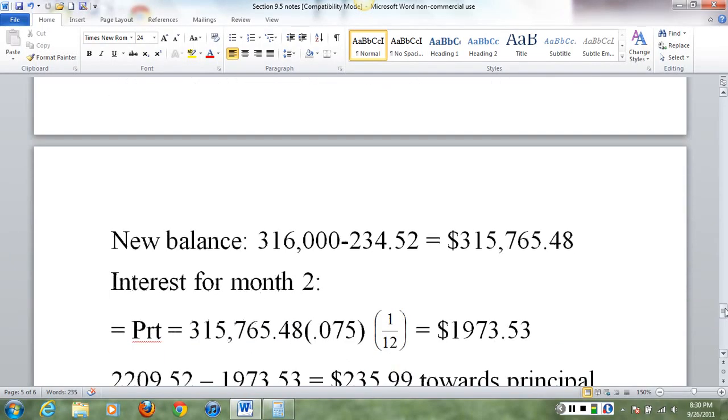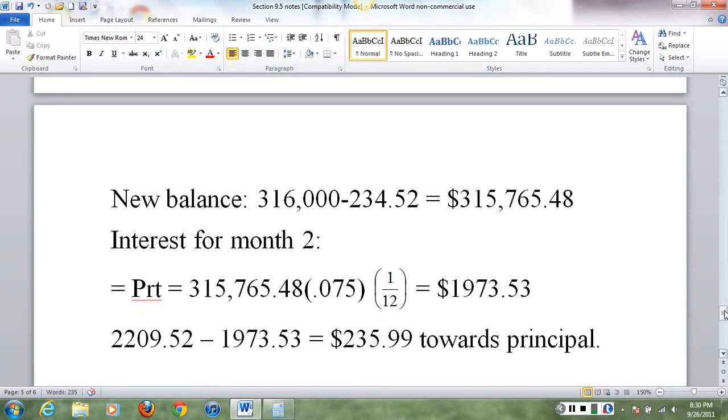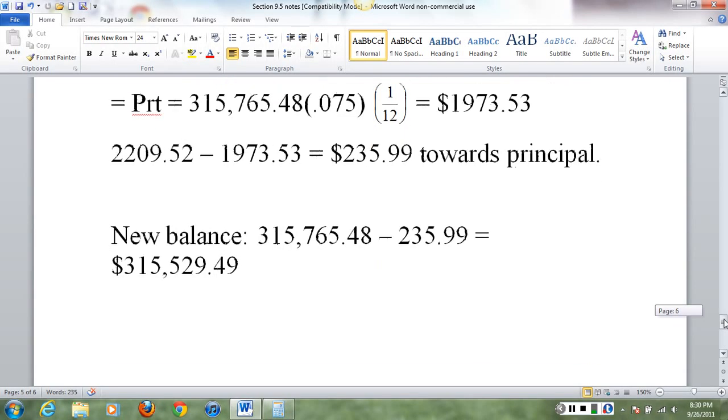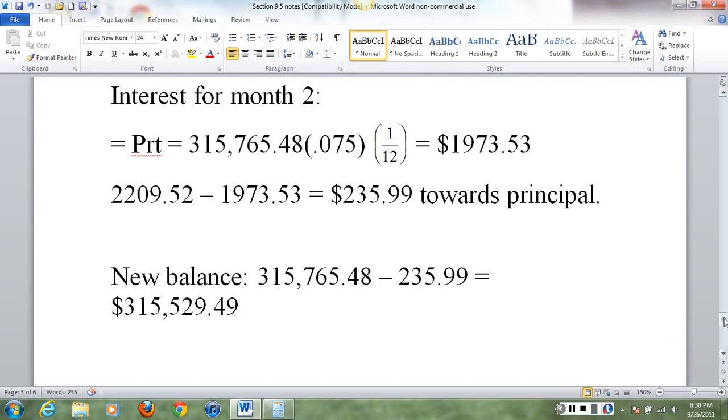Like we did before, now our new balance is $315,000. Then we just recalculate. At month 2, the new value, $315,000 times the interest rate divided by 12, is now $1,973 per month, and now $235 goes towards principal. So we're slowly breaking it down. And again, this is the way the amortization schedule works. This is the way interest works.